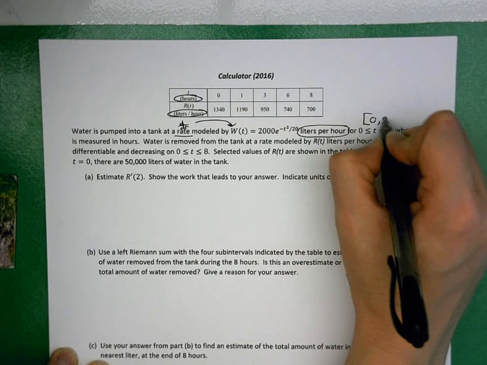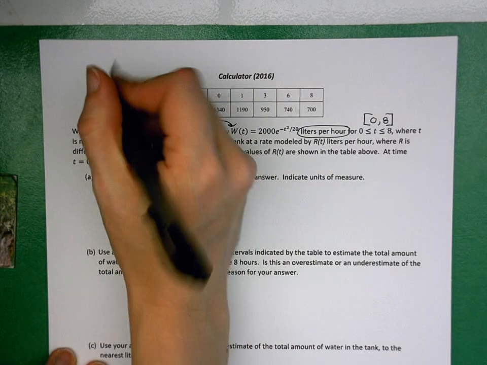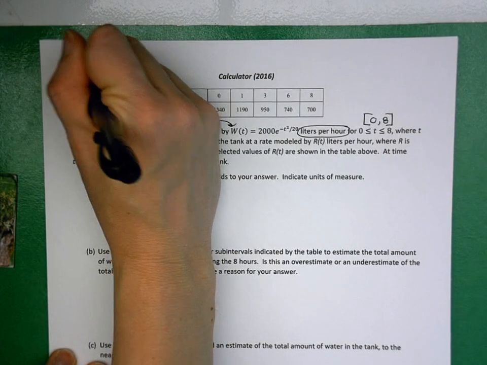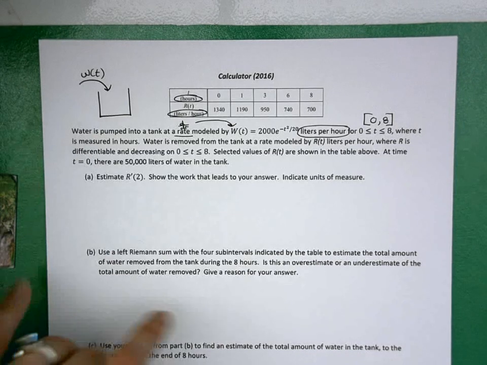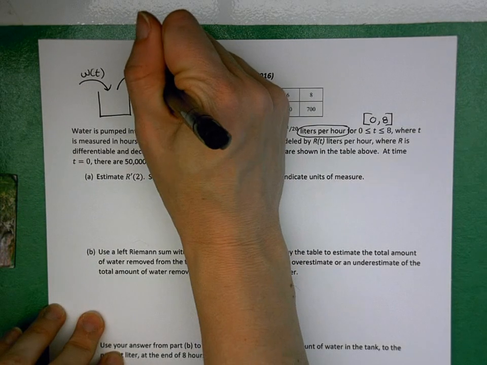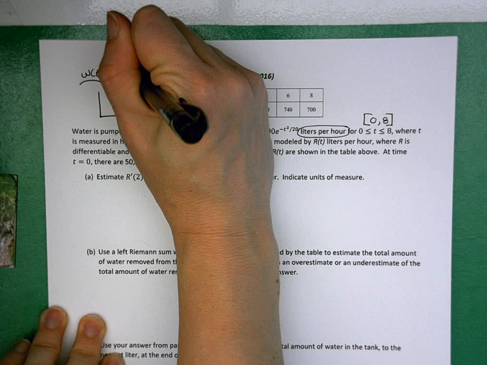And water is being pumped into the tank. So again, I'm a picture person, so there's my W of t going into the tank. Water is removed from the tank at a rate modeled by R of t, where R is differentiable and decreasing.